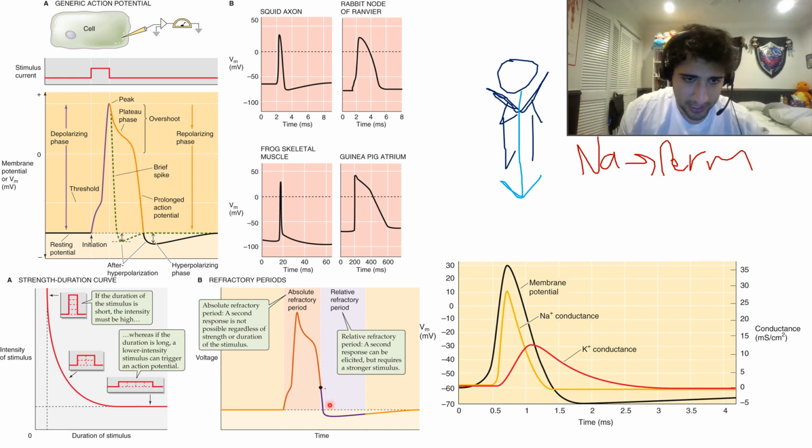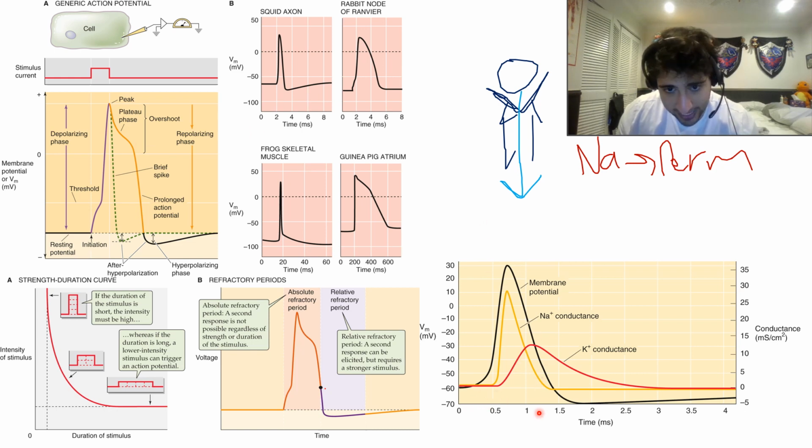And as you can see here, it's kind of interesting because you see this shape and you can kind of see what contributes to it. At first, the membrane isn't conductive to potassium, but what does have conductance? Sodium. And who kind of comes in line with this peaking? Sodium. So you see the sodium conductance aligns with the depolarization and the increase.